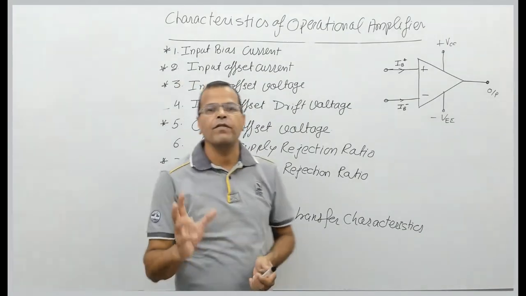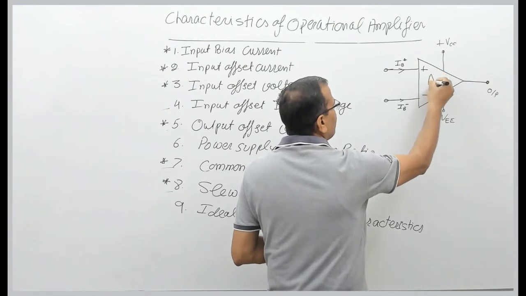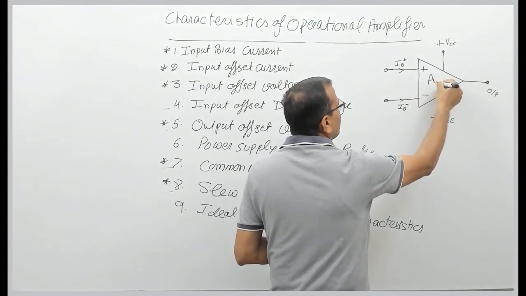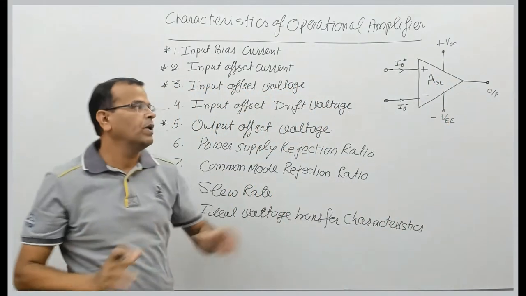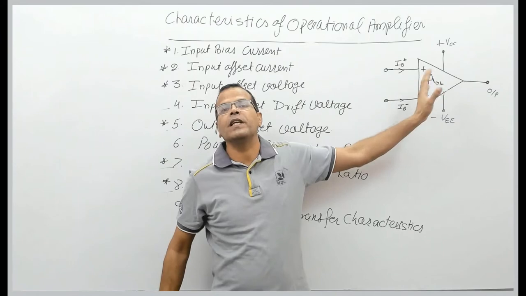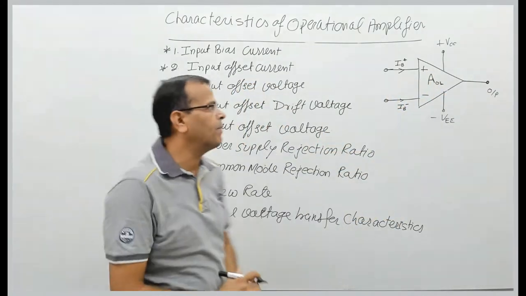For that you can refer to my previous video. And we have gain of this amplifier, denoted by A, or sometimes written as AOL. OL stands for open loop, A stands for gain. So AOL is open loop gain of this operational amplifier.